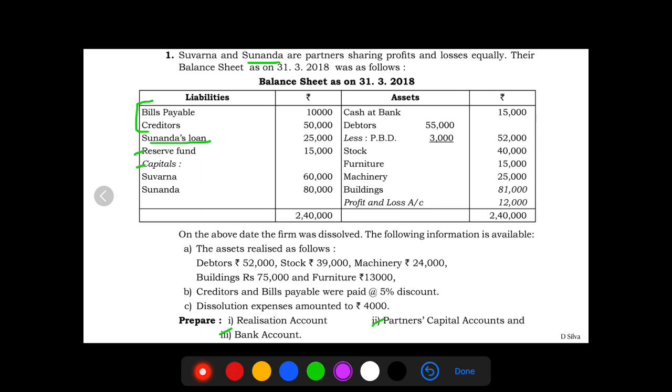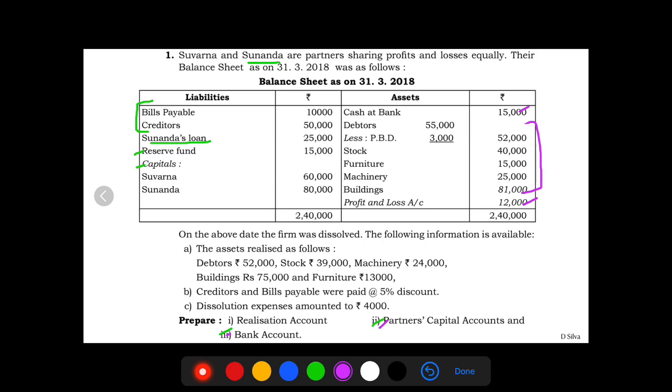On the asset side of the balance sheet, we have cash at bank, debtors, stock, furniture, machinery, building and profit and loss account. Cash at bank will go to bank account. Debtors, stock, furniture, machinery, building are the other assets of the business, whereas profit and loss account will reflect in partners' capital account.